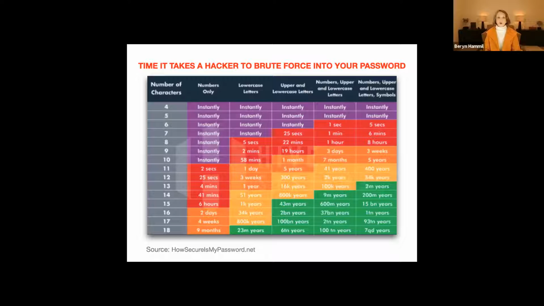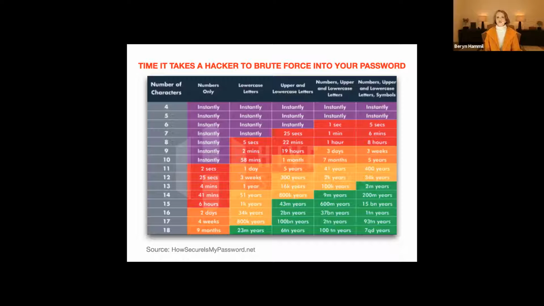And whether it's a combination of numbers, letters, uppercase, lowercase, etc. Going down to where we start seeing the red, 6 characters, that's upper and lowercase, 5 seconds. 7 characters, 6 minutes. 8 characters, 8 hours. 9 characters, 3 weeks. 10 characters, 5 years.